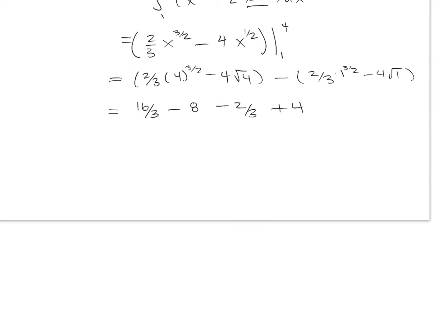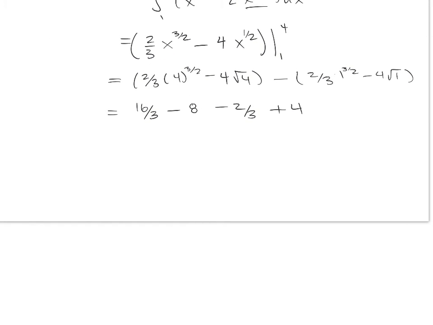Oh, arithmetic. So was that 14/3 minus 4, 14/3 minus 12/3, I think is 2/3. Do you agree?